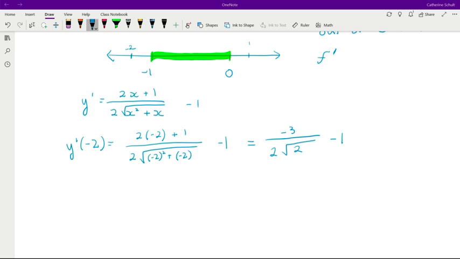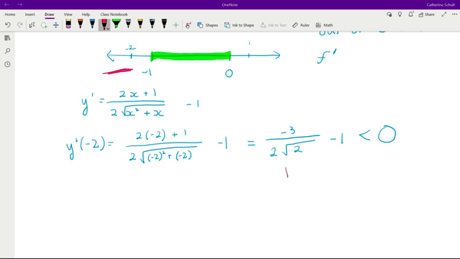Okay, so we have, let's see, this is a -3, right? This is going to be a positive number. So this whole thing is negative. And negative number -1 is just more negative. So here, our derivative is going to be negative.